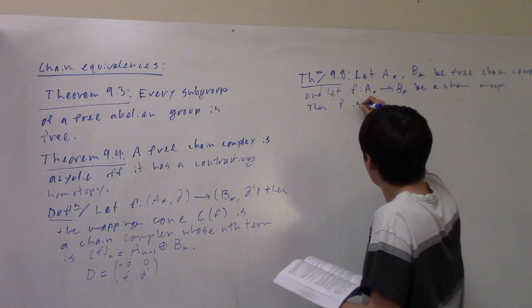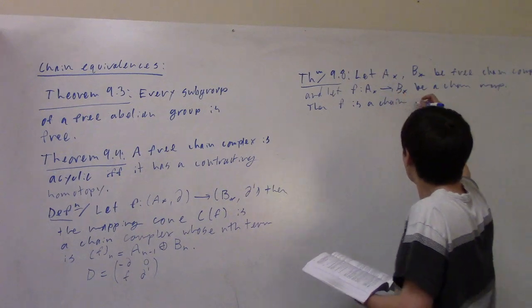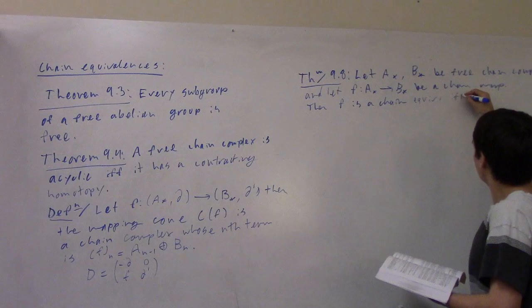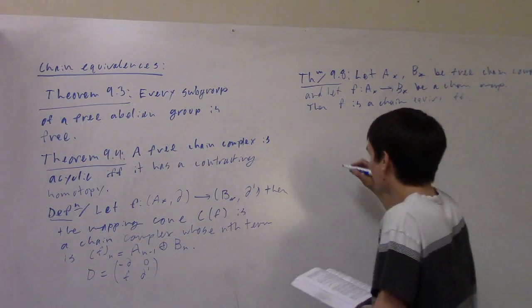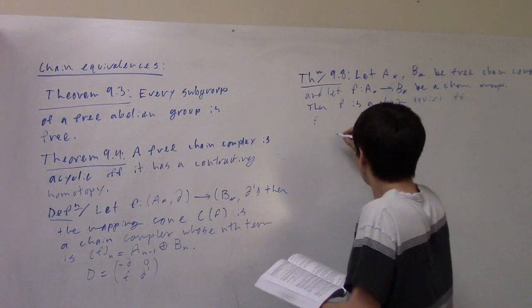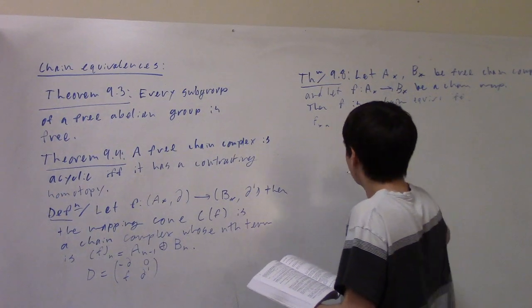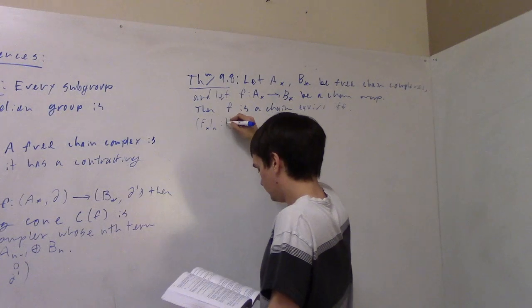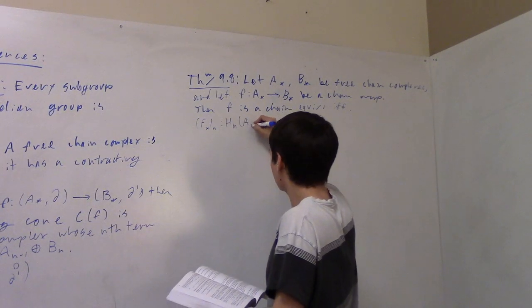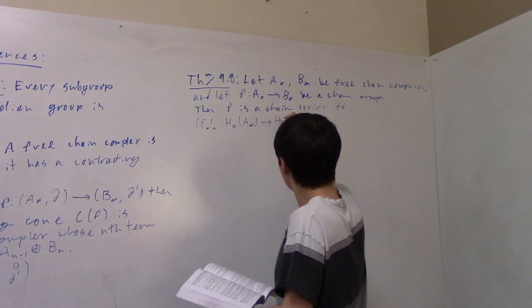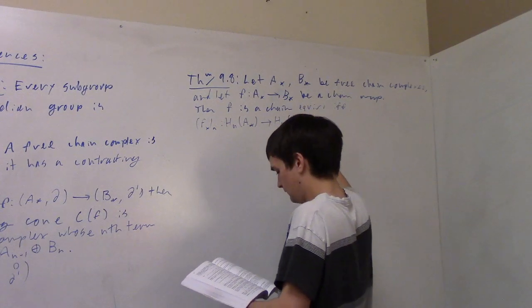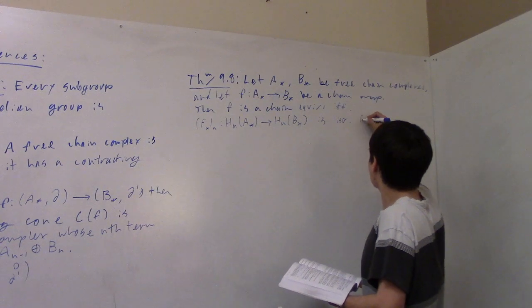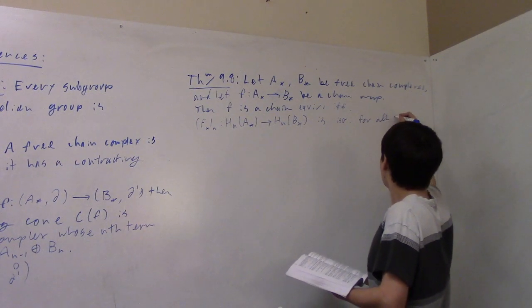Then f is a chain equivalence if and only if the nth term of the induced map is an isomorphism for all n.